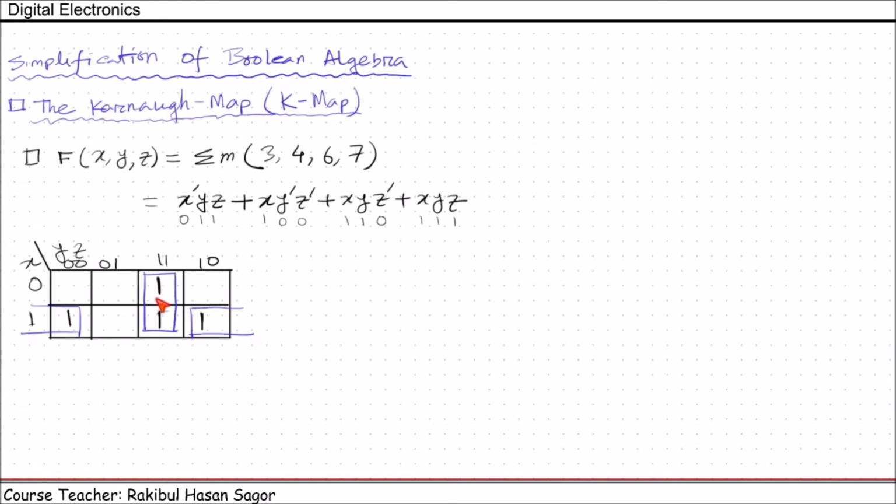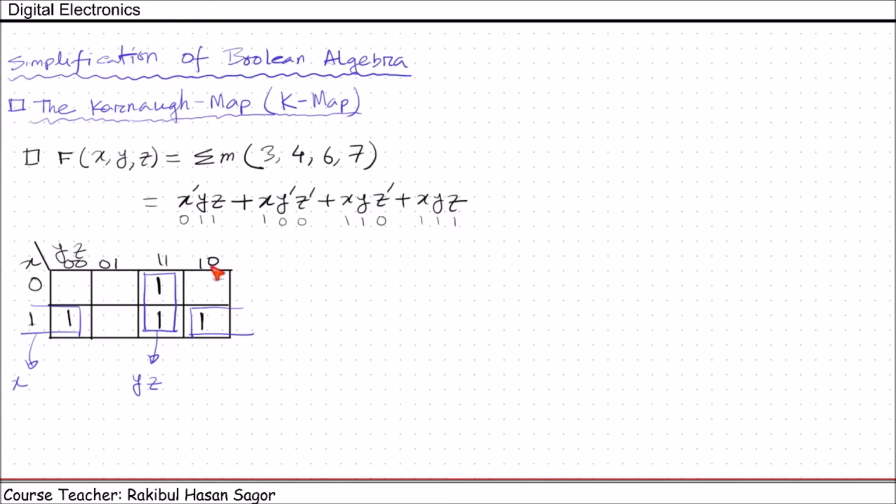Now, what is the name of this rectangle? We have x equal to 0, x equal to 1, so we can ignore x. We have y equal to 1, z equal to 1. So the name of this box is y z. And what is the name of this box? We have x equal to 1, so write x here. For y, z: y equal to 0, y equal to 1, so you can ignore y.